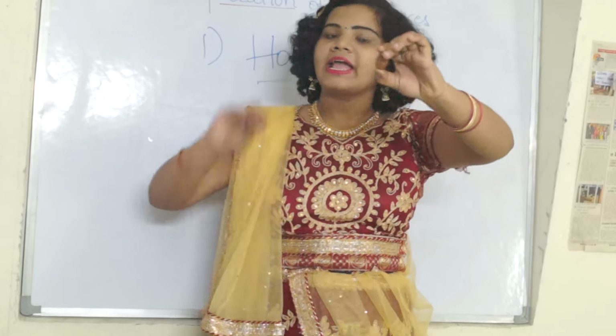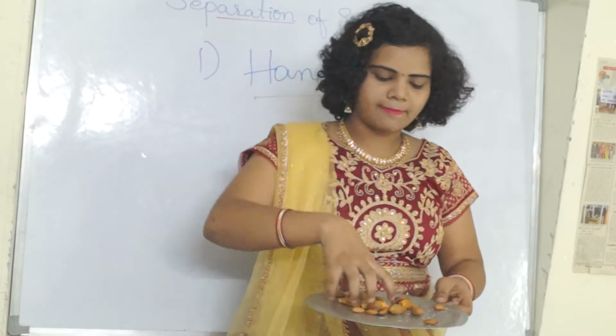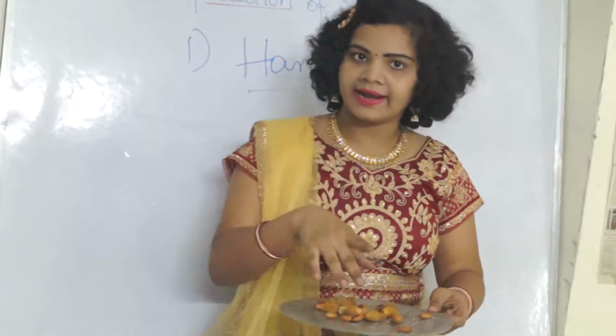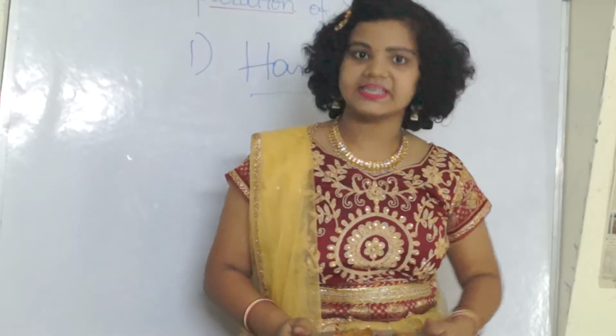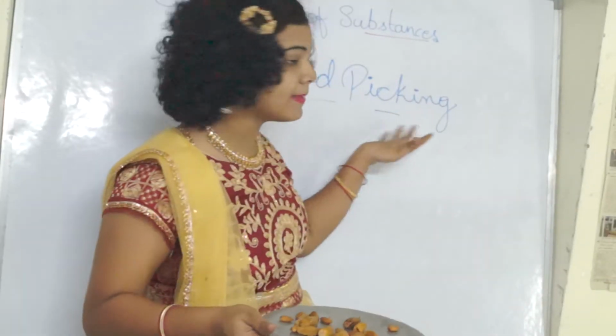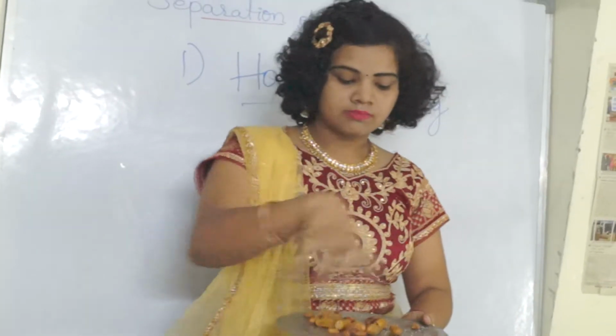This date is slightly larger than this almond, right? I wanted to separate these almonds and the dates. So what process do I need to use? Yes, we use the hand picking method to separate this mixture.